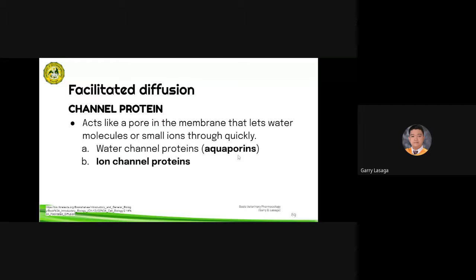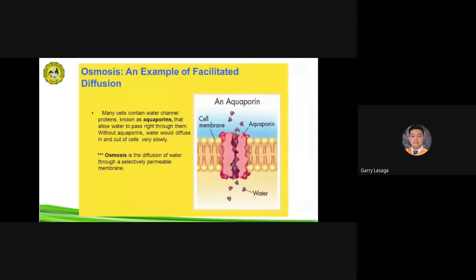When we say aquaporins, from the word aqua, these are channel proteins that facilitate the diffusion of water in the membrane. We also have the ion channel proteins. These are important channel proteins for ions or charged molecules.